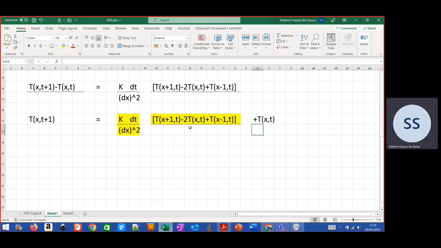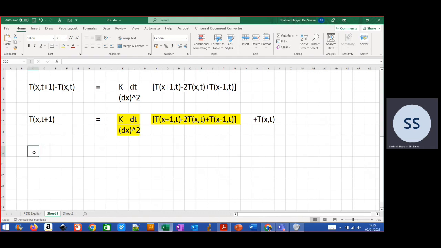Please remember that you can't simply combine negative 2 T x, t plus this. It will not end up as negative 2 plus 1, which is negative 1, because all of these terms need to be multiplied by k delta t over delta x squared. Once you have multiplied in here, then you can add the T x, t.